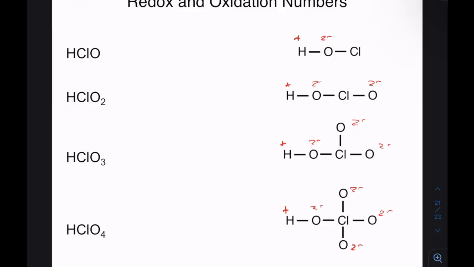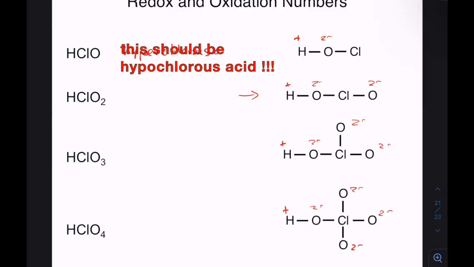So what is it up here? Here, I'll even write these in for you: hypochlorous acid, chlorous acid, chloric acid, and perchloric acid.